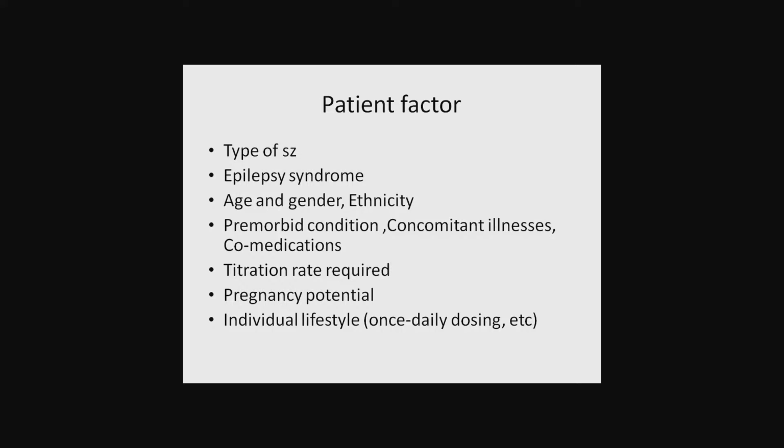Pre-morbid condition, if the patient is obese, then we may not use valproate because valproate may cause weight gain. Concomitant illness, for example, if the patient has hepatic disease, hepatitis or hepatic failure, then we may not give drugs which are eliminated by the liver. For example, we may not use valproate in a patient with hepatic disease.